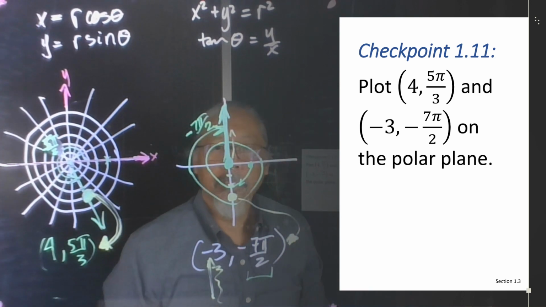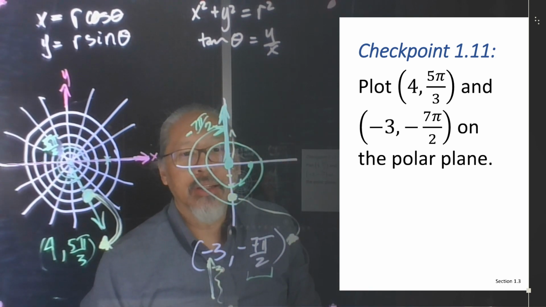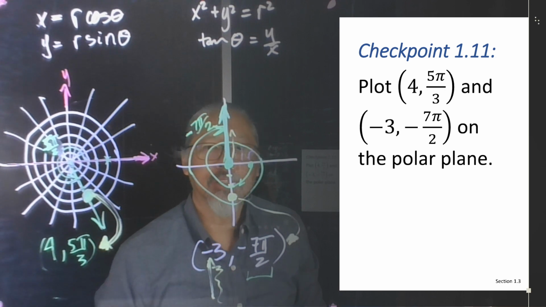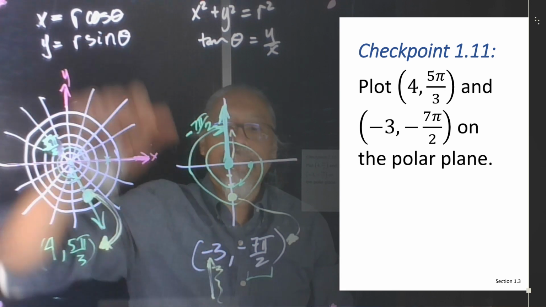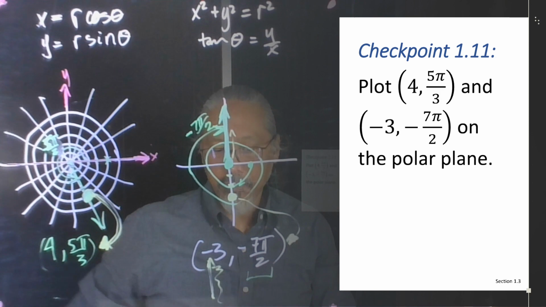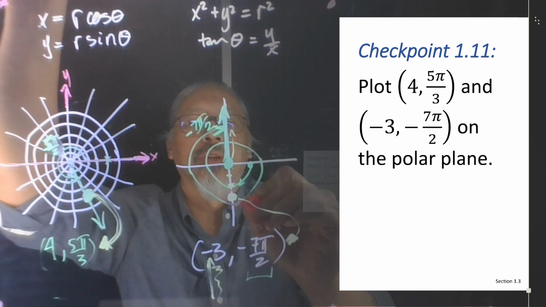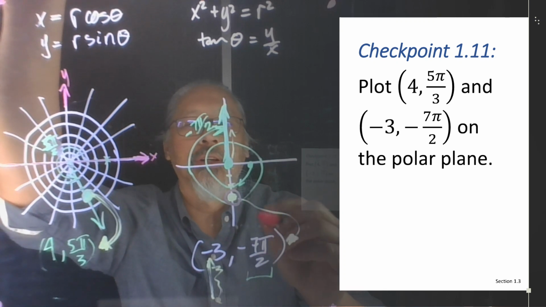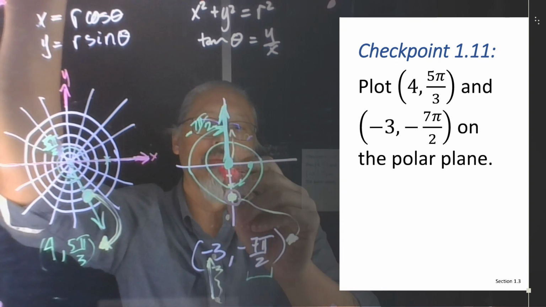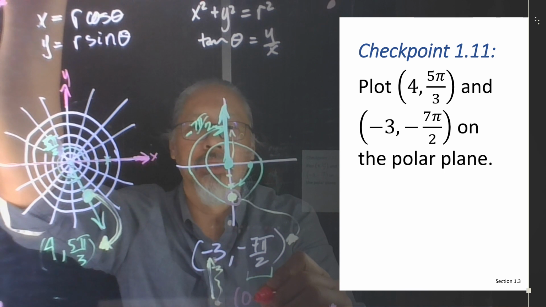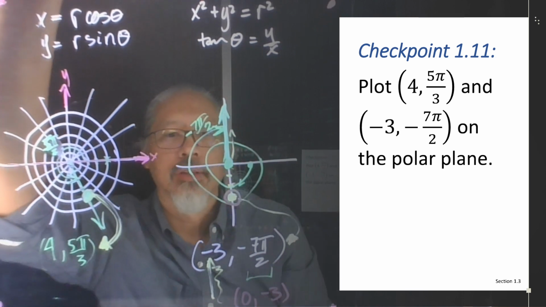All right. Now, can we express this a slightly different way? The answer is yes. If this is the point we're looking at in Cartesian coordinates, this is the point (0, -3).